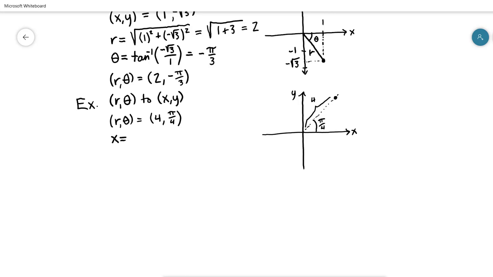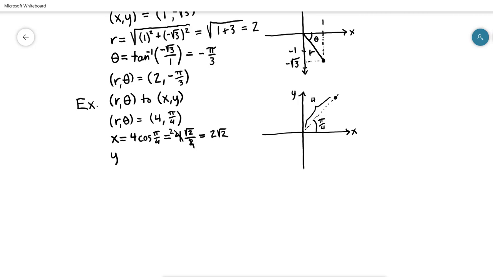The x coordinate is going to be 4 times the cosine of pi over 4, and cosine of pi over 4 is root 2 over 2. So if I multiply that by 4, I've got 4 times root 2 over 2. I can cancel these numbers, which will leave me just a 2 in that place. It gives me an x-coordinate of 2 root 2.